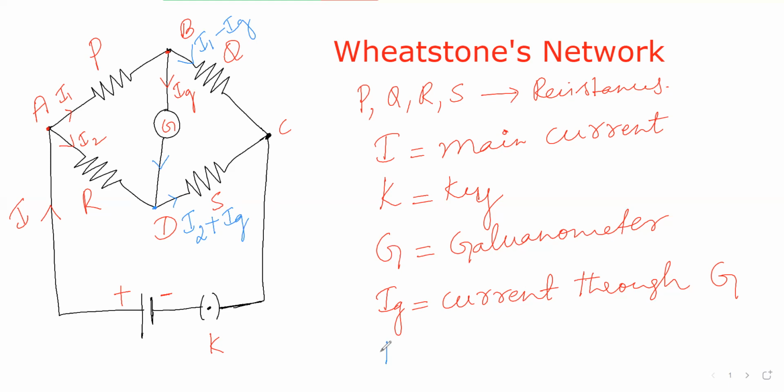So what I can write here, I1 and I2 are taken as branch currents.